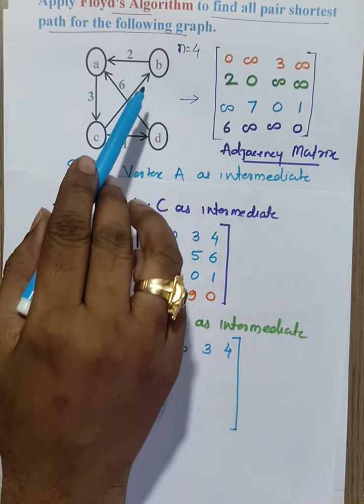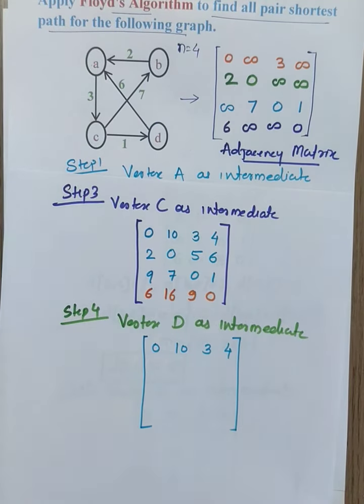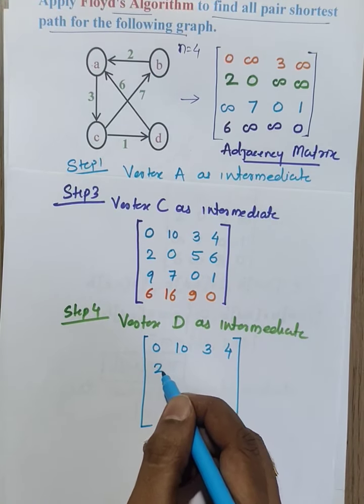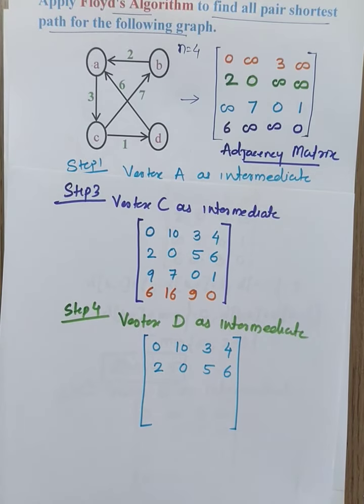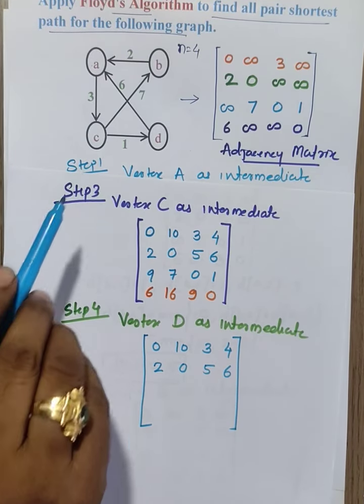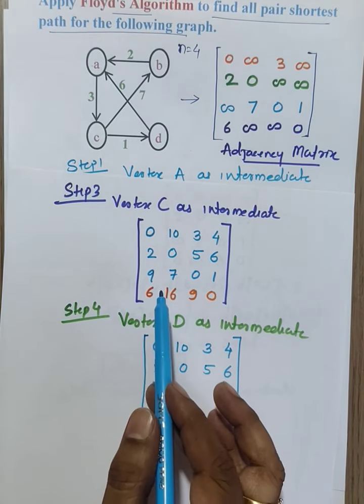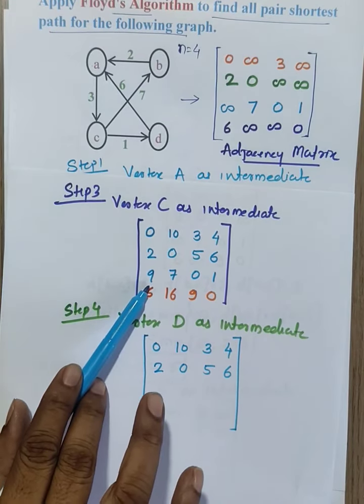Next, B. B row: is the B to D edge there? No. But the B row also will get the same values. This is 2, 0, 5, 6. Next, C. The C to D edge is there. It means maybe this row will get different values. The previous value C to A is 9.